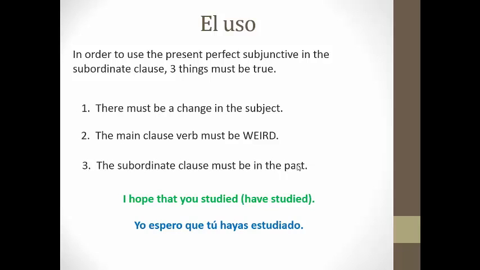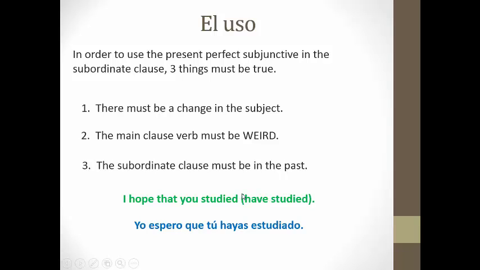So, let's compare that for a second with the present subjunctive. Present subjunctive, we would say in this green sentence, I hope that you study. Both parts of the sentence are in present tense. Therefore, we used present subjunctive. But here, my subordinate clause verb is in the past.